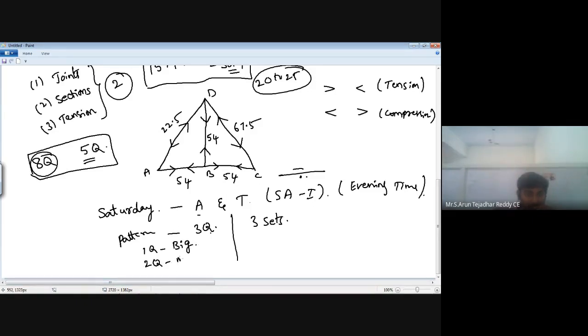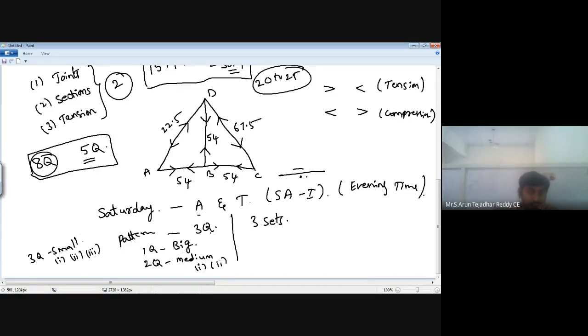The second question is medium, containing 1 and 2. Next, the third question is a small question, containing 1, 2, 3. So this is our question paper pattern.